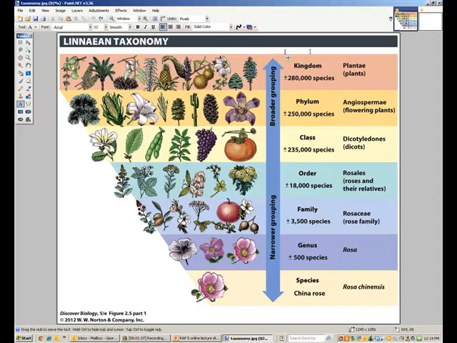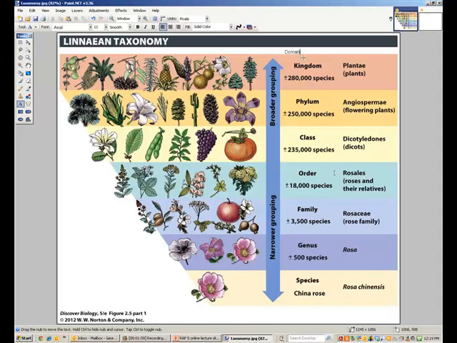One thing I want you to add here at the top is domain. So you'll want to add that in. Because that is really the most broad category, and all organisms fit into one of three domains, and then you drop down to kingdom, phylum, class, order, family, genus, species.